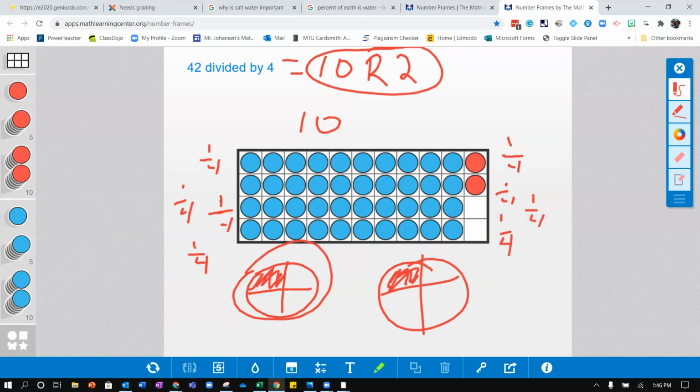So each person gets 10 whole pieces plus 1/4 of a piece plus 1/4 of a piece. And 10 plus 1/4 plus 1/4 is 10 2/4. Or 10½ if you'd rather, because 2/4 is the same as 1/2. So that's how you can do that with a sharing problem.